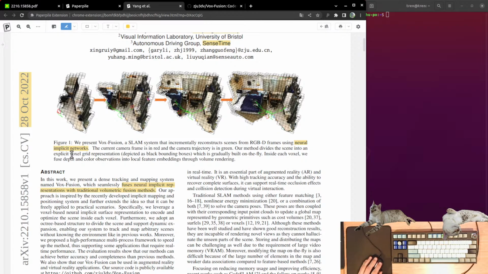These are the voxel grid. So in this image, each of these little squares traced out in black is a voxel. Inside each voxel, they fuse the color and depth observations into a local feature embedding through volume rendering. All right, so that's the nerf component of it. So basically, inside of each of these little boxes, there is a nerf.